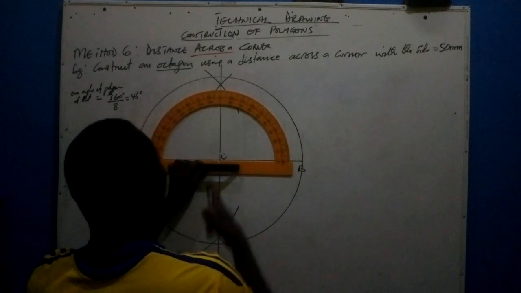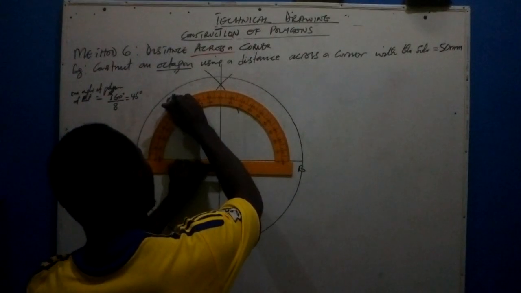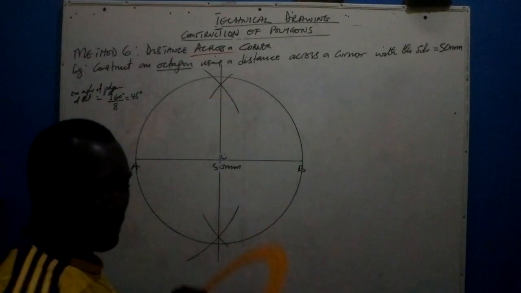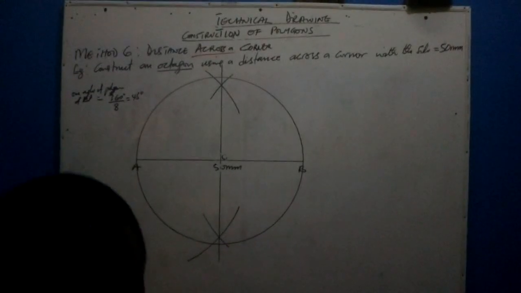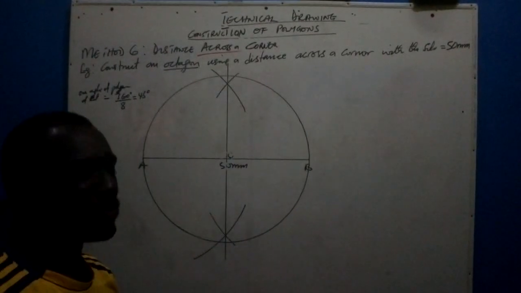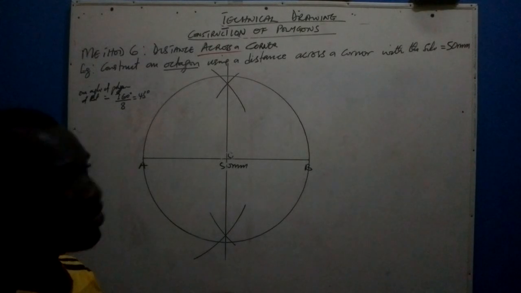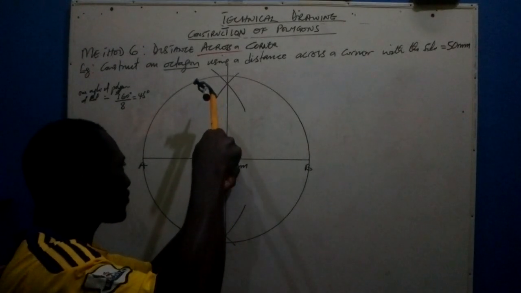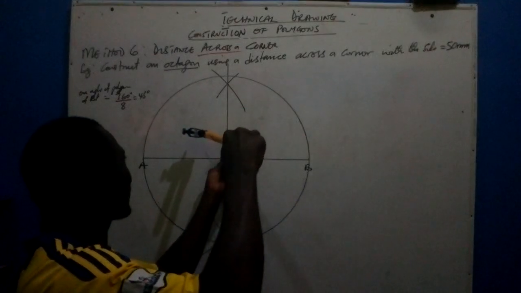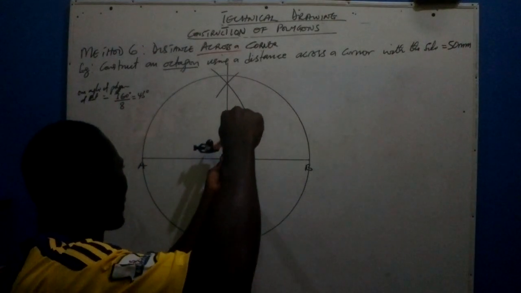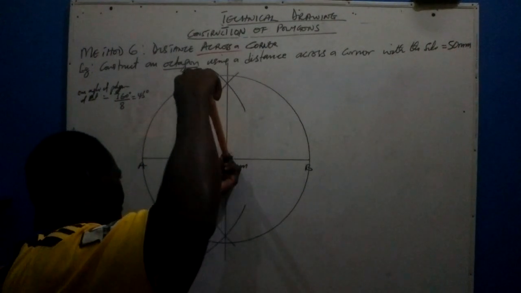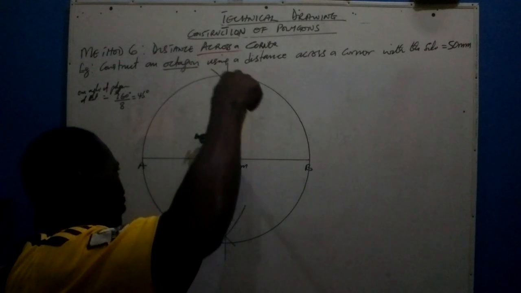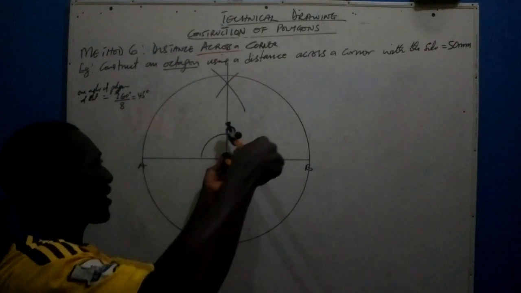Someone can choose, when you locate the points, to use it to get your angle here. Someone can also say, I don't want to use the protractor, I want to use my compass. Then that means you stand on the point O and construct your arc.